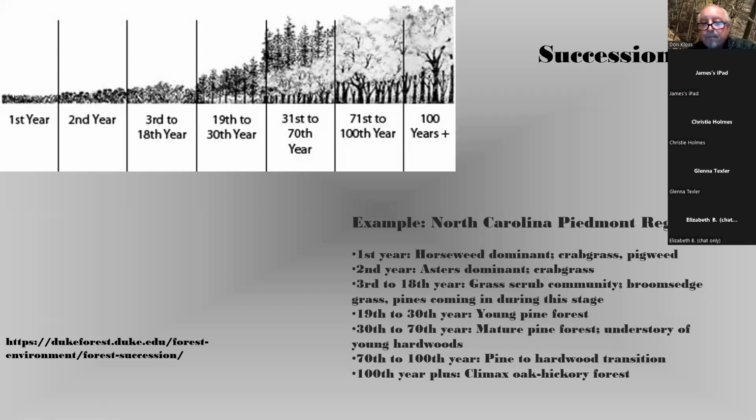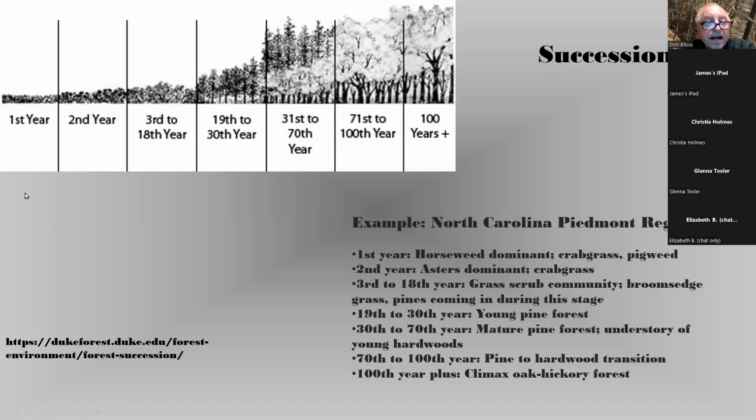This is an example that I took from a very interesting web page from the Duke University education website about Duke forestry environments. And this is an example from the North Carolina Piedmont region, which is very typical there.